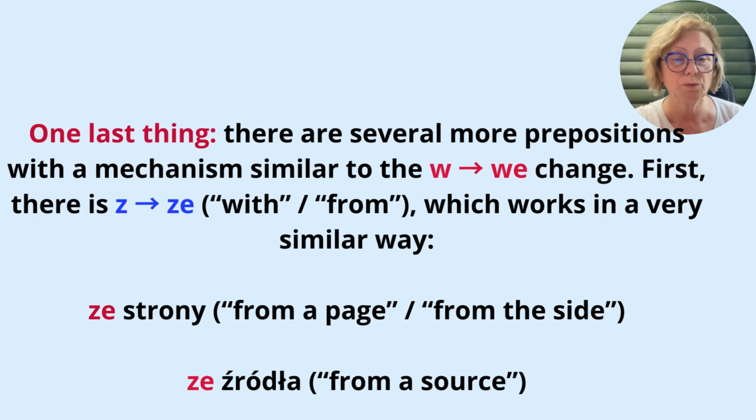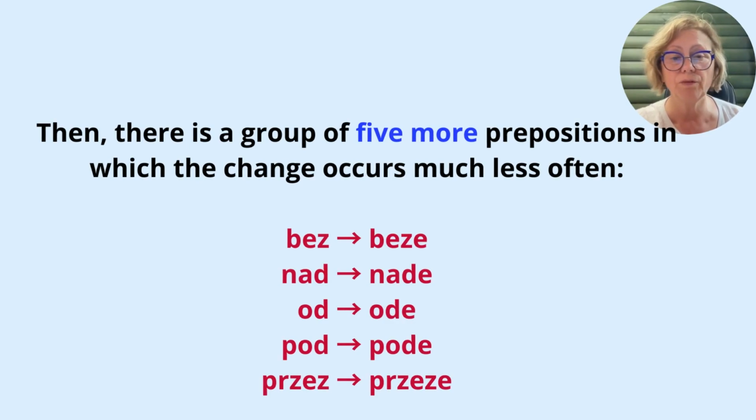Ze źródła, from a source. Then there is a group of five more prepositions in which the change occurs much less often. Bez, beze. Nad, nade. Od, ode. Pod, pode. Przez, przeze.